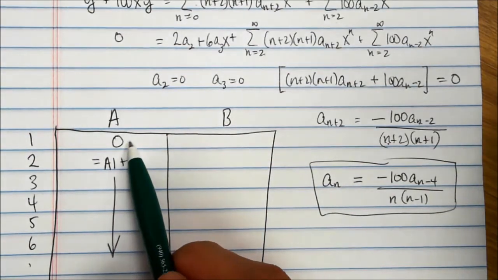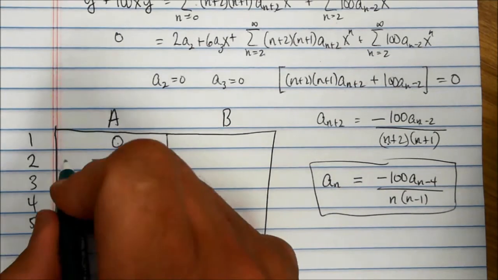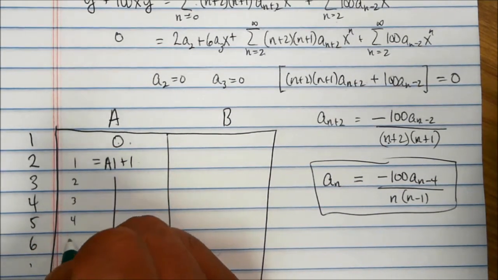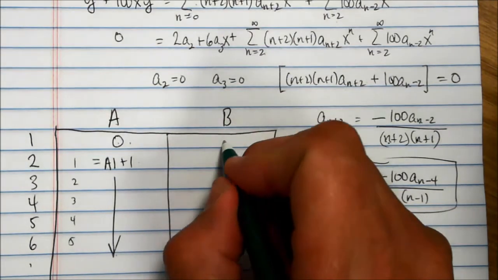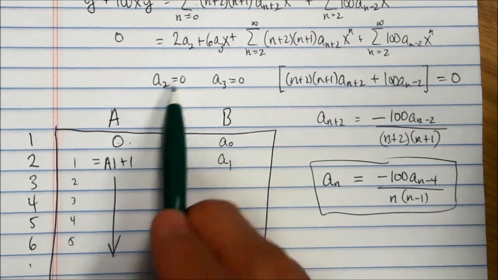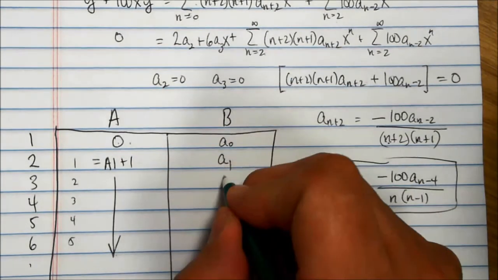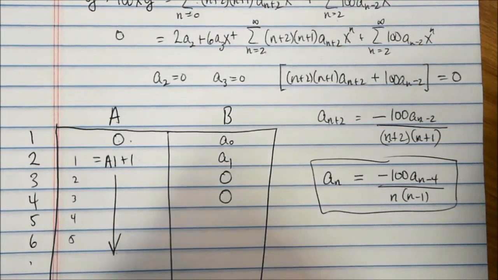I'll put 0 here and then add 1 to that and carry down. So that becomes 1, 2, 3, 4, 5, and so on. Now a_0 goes here, a_1 goes there. a_2, we just got done saying, is equal to 0. a_3, we also got done saying, is equal to 0.